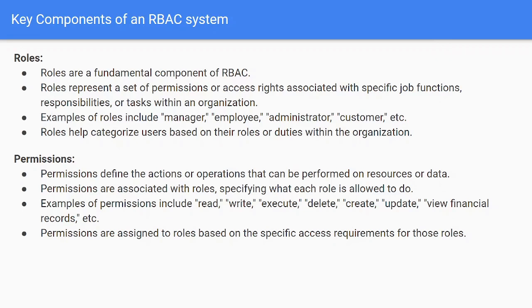So for example, you have the manager role, the IT manager role, right? So what exactly is your role? The role is IT manager, but the IT manager has certain permissions and certain access rights that he has to have, you understand?